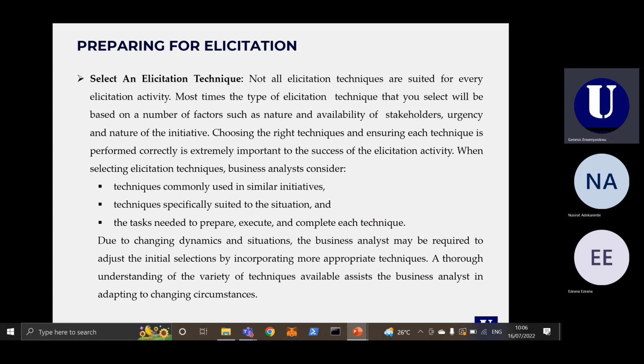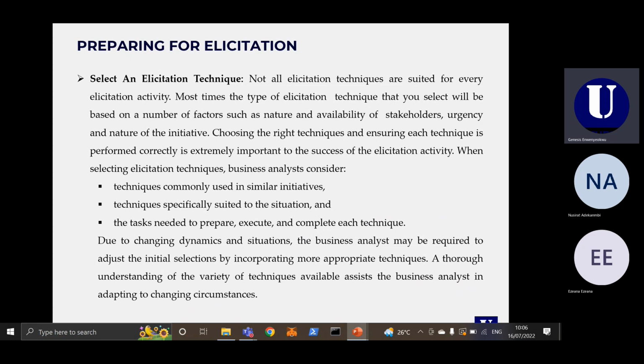Techniques commonly used in similar projects are things you have to consider when you want to make a choice of elicitation technique. Maybe you've done an e-learning portal for UBA group or UBA bank, and your company Uptrust has implemented an e-learning portal for Stanbic IBTC group, and now Access Bank group wants us to implement an e-learning portal for them. As a business analyst with Uptrust, you can use the elicitation technique you used when you were implementing that solution for UBA and Zenith Bank that was successful.